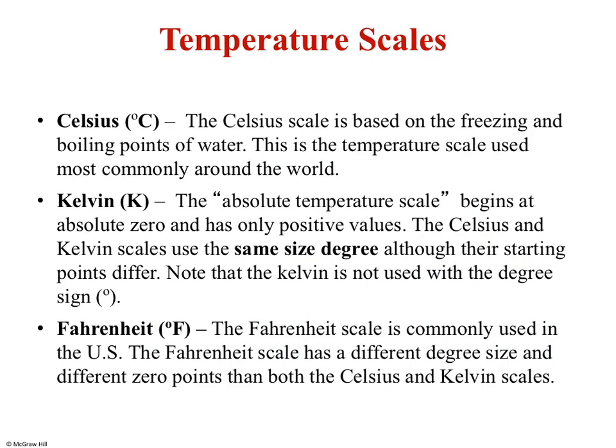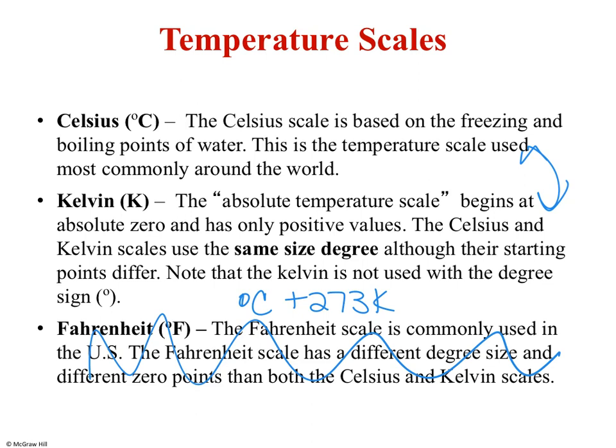So for measurements, we're not going to worry about Fahrenheit, but I do want you to go from Kelvin to Celsius. Anytime you do that, if you have degrees Celsius, you just add 273 to get Kelvin. If you have Kelvin, then you're going to minus 273 to get to Celsius.